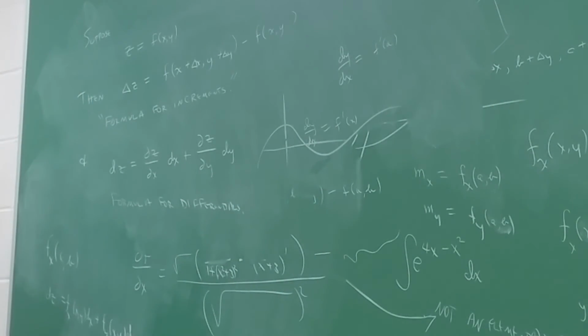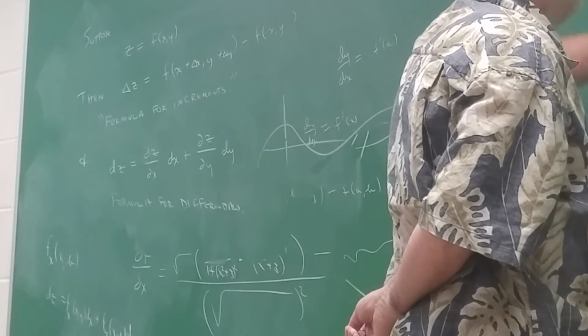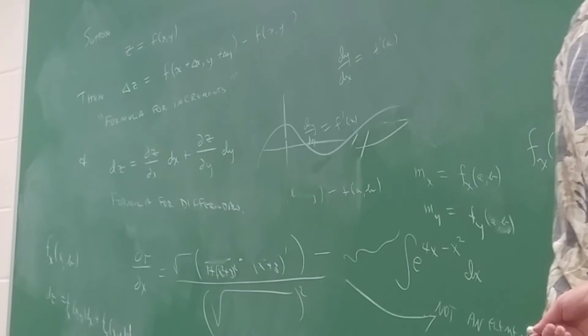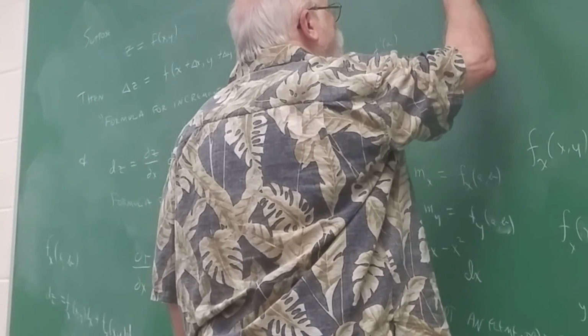And all of this was for three-dimensional space where I had one variable being a function of the other two. But maybe we got something else. And maybe we don't even have x's and y's and z's. We can have any letters we want. So let's try this. It doesn't even have to be f. Maybe it's the function g.